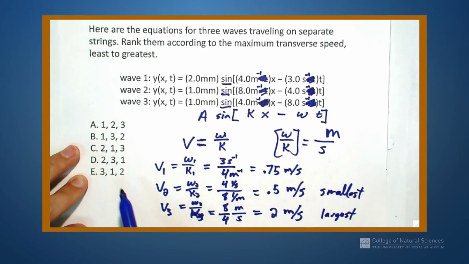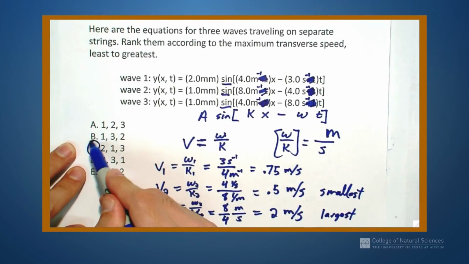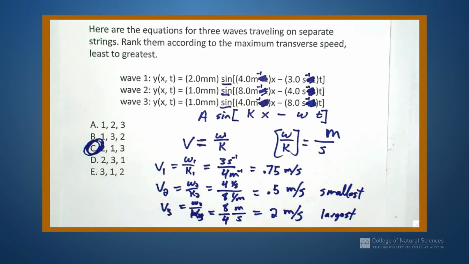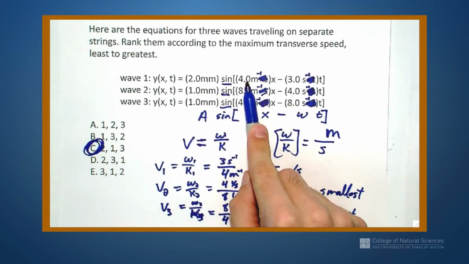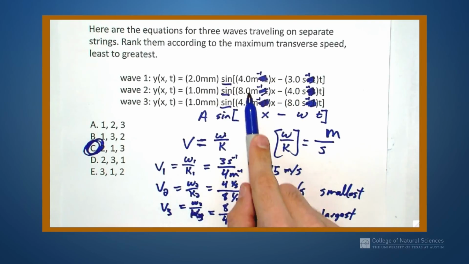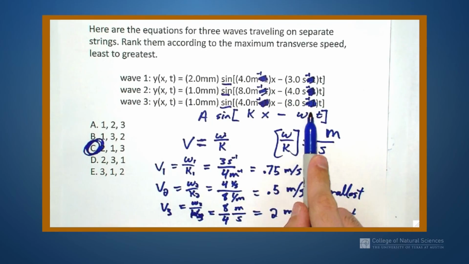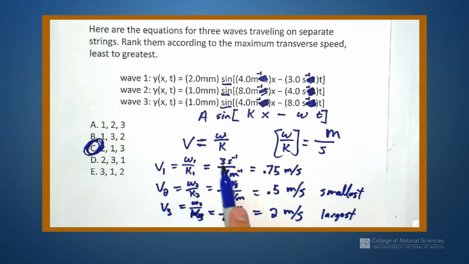So my smallest is 2, my largest is 3, so 2, 1, 3 looks like my right answer. All I did is look at each of my k's, because k's go with the x's, and my omegas that go with my times, and I just used the definition of velocity.